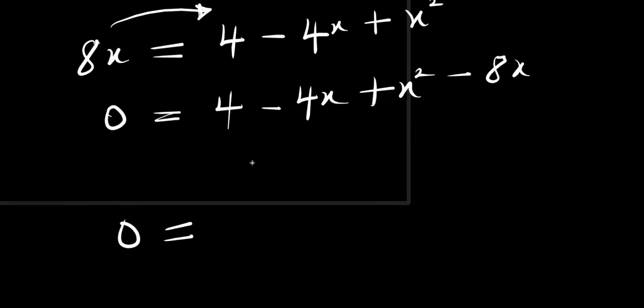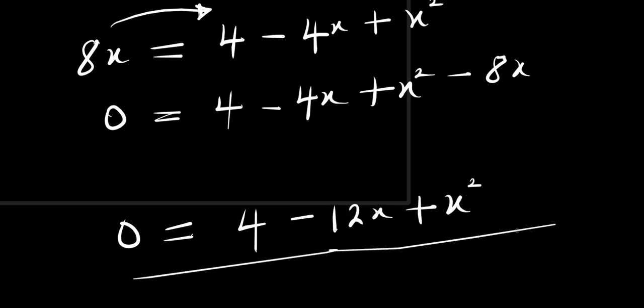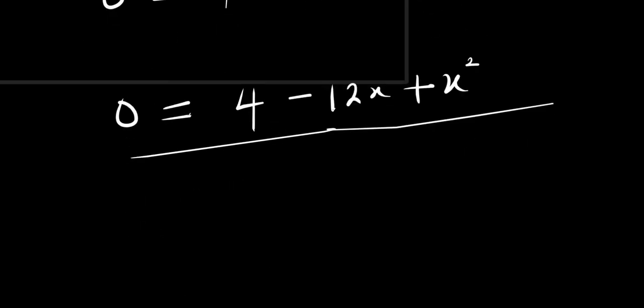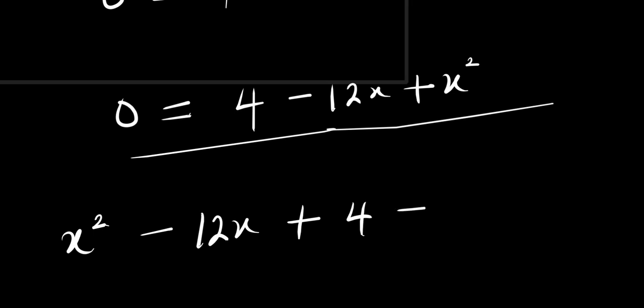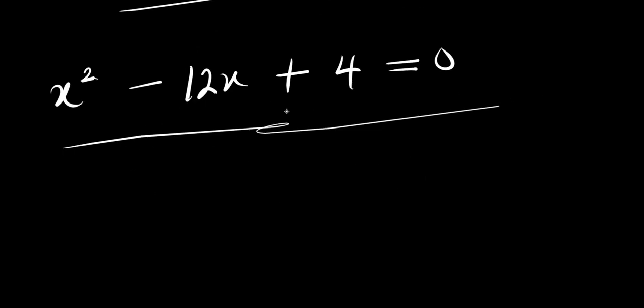We have 0 equals 4, this is minus 12x plus x squared. We rearrange this. We have x squared minus 12x plus 4 equals 0. We solve this for the value of x using the formula method.